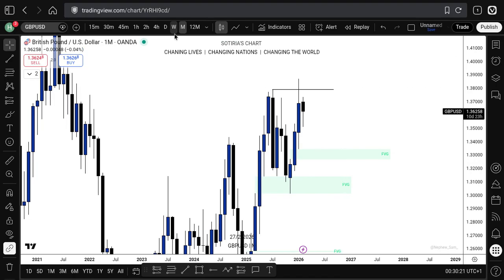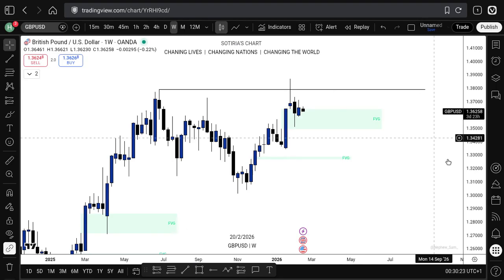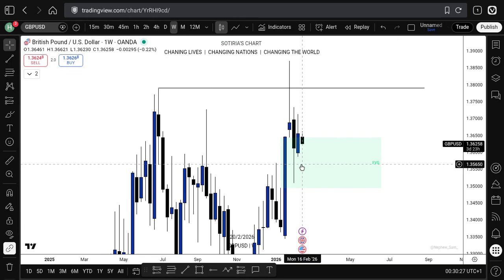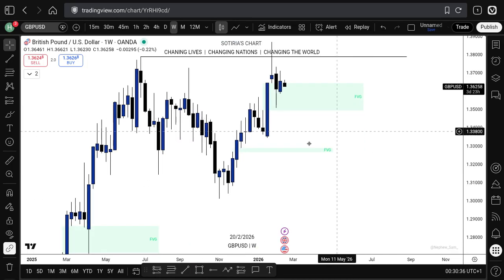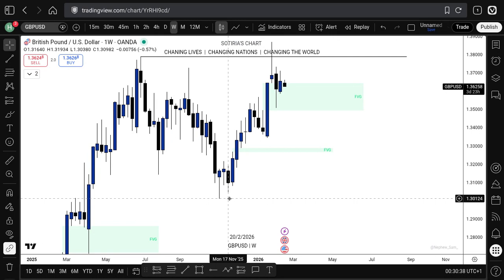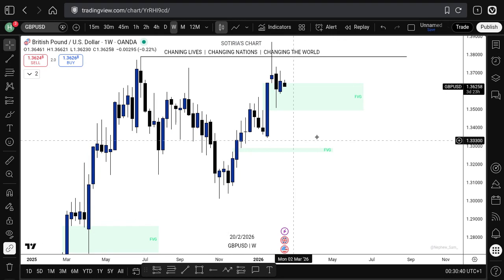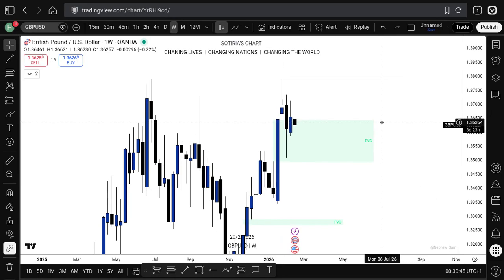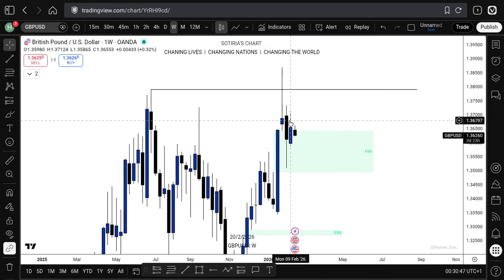So we have this weekly time frame right here where price now created a weekly structure and I want to sell this weekly structure down to this level and possibly get it down to this level. So this week, what are we looking forward to?